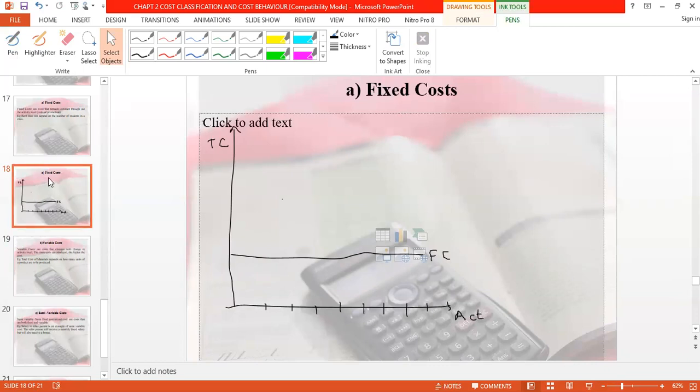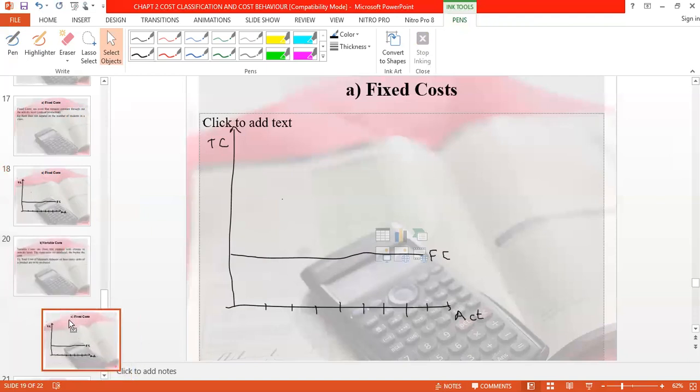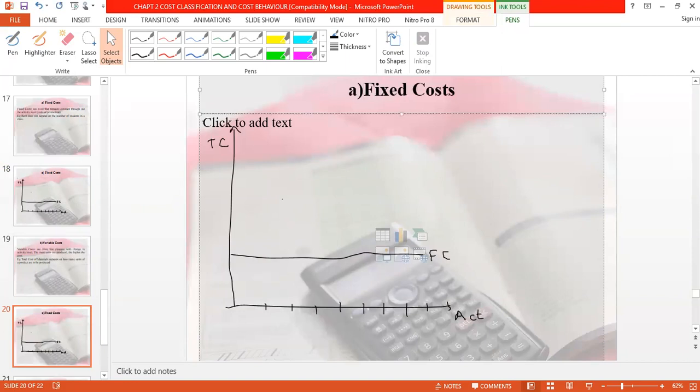So let me duplicate this, and then I bring it here. But now we look at variable costs. Variable costs example. So in a variable cost, it will not be like this.